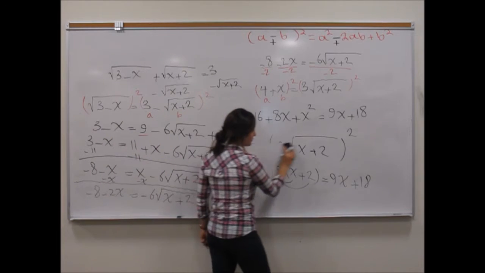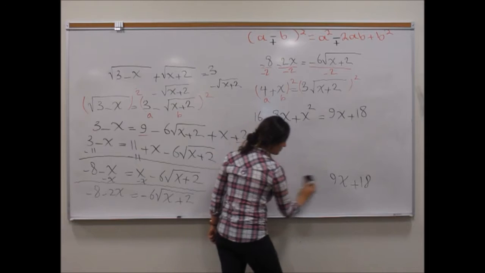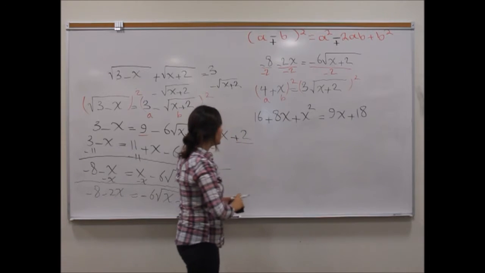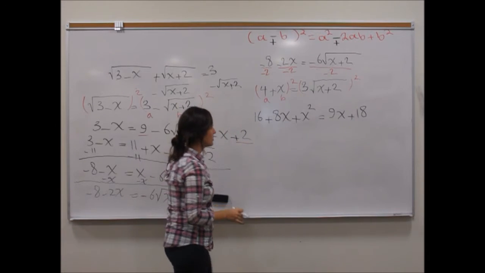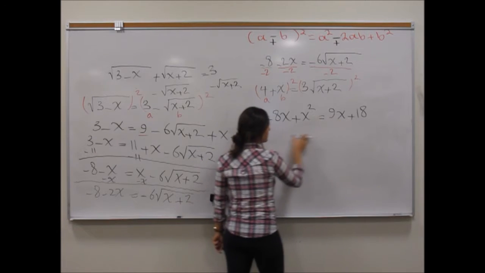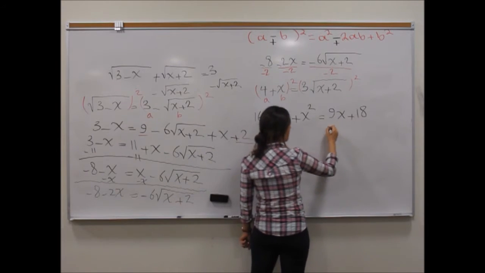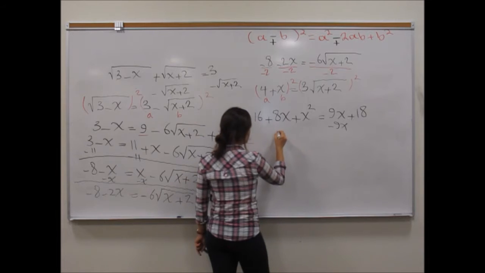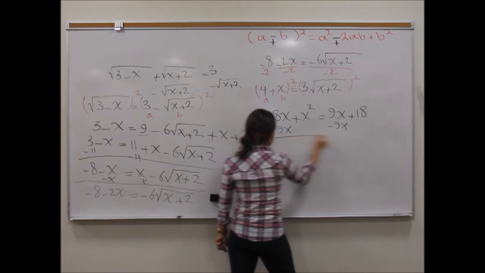Now let's move everything to one side of the equation. I'm going to move these ones to this side, so minus 9x and minus 9x.